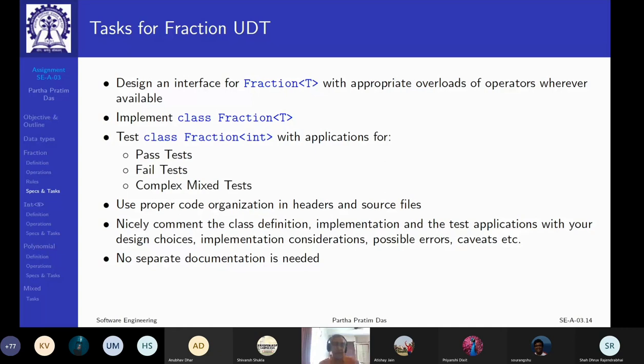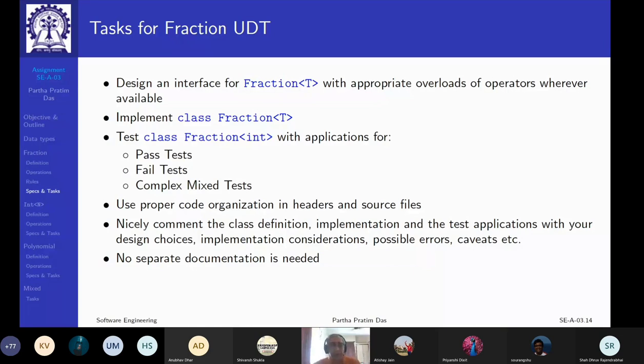Should some function be a friend, that is, actually global but in the namespace of the fraction type, and so on and so forth. So implementation will take these definitions from the interface and implement the respective functions.